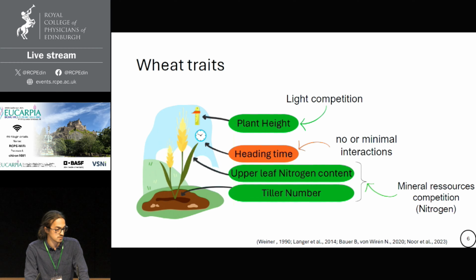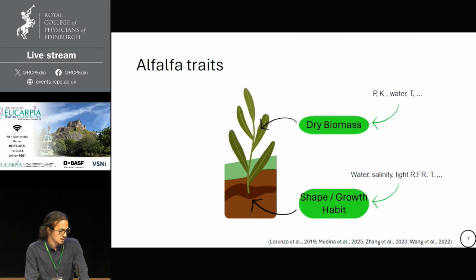On the counterpart, we know that heading time is a very conservative trait with no or minimal interaction, or G by E. For the alfalfa, we measured dry biomass and shape or growth habit. Both of those traits are very integrative, and so they respond to a lot of environmental conditions.